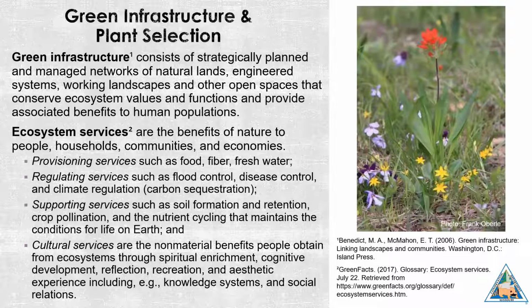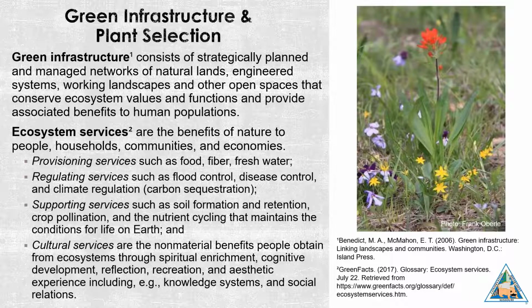Those are examples of gray infrastructure. Green infrastructure, on the other hand, relies on plants to do the work. And they can either be natural lands or engineered lands, or lands that were purposefully planted to perform very specific jobs.